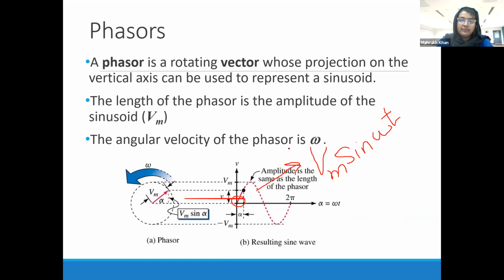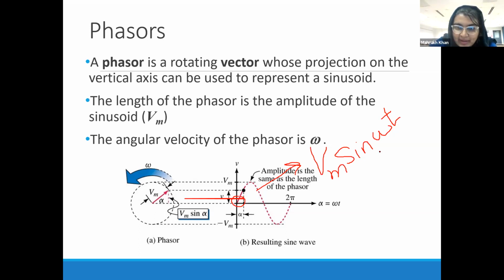Do you know sine and cos trigonometric functions? Yeah. Right? Have you plotted them, like sine theta or cos theta? Yeah, sine starts at 0 and cosine starts at 1. Yes, so that's exactly the same scenario.